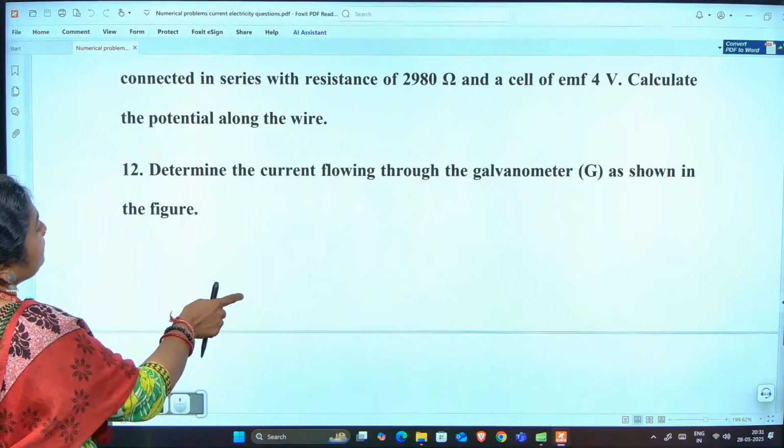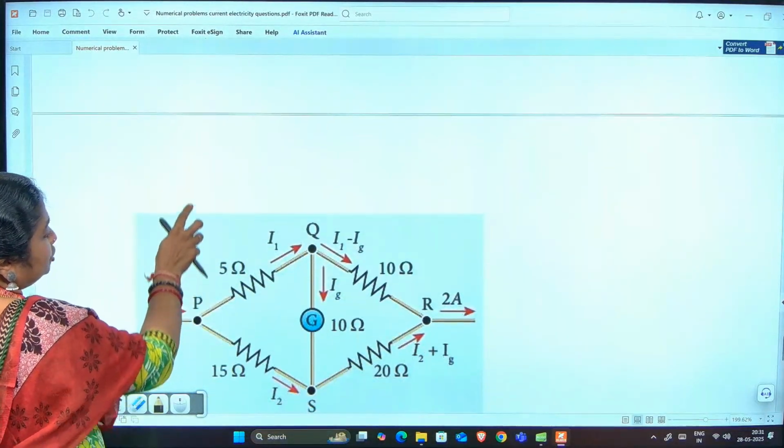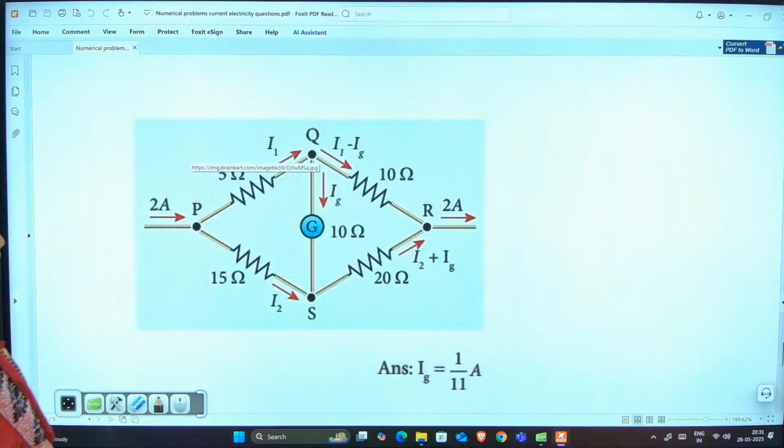Now next one, determine the current flowing through the galvanometer shown in the diagram. Ig you have to calculate.